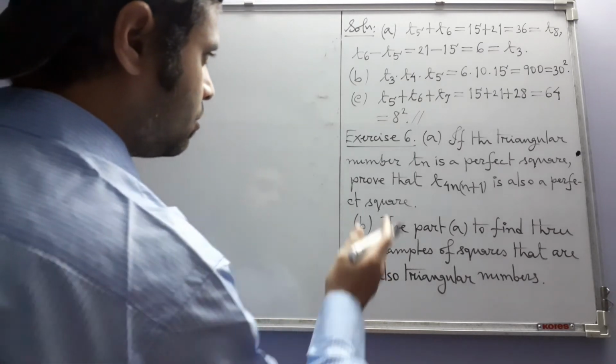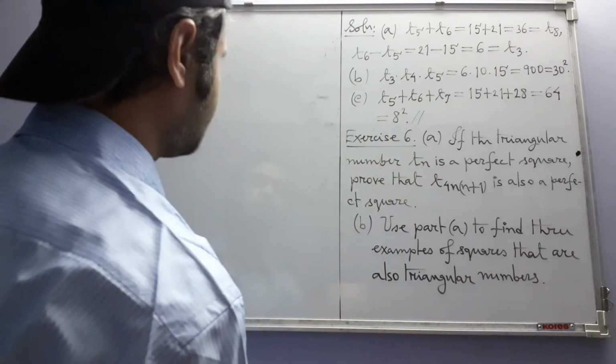Okay, so now it is given that Tn is a perfect square.